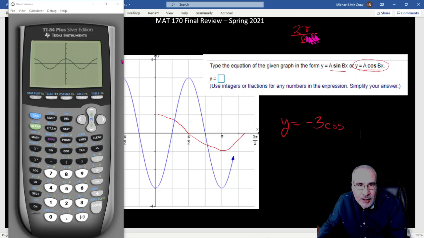So if b was 1, then the period's 2 pi, but obviously it's not. This high point here is supposed to be at pi. It's at half that distance. So b has to be 2.